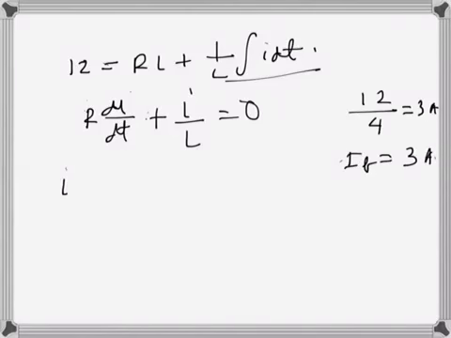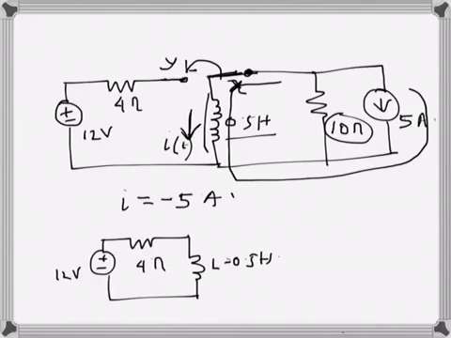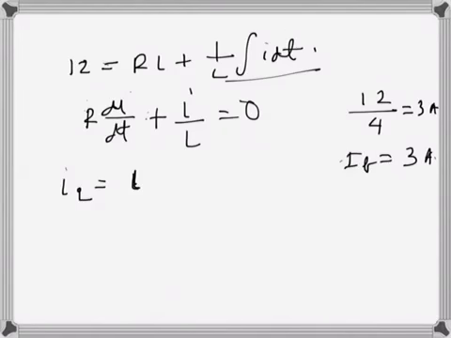So the inductor current equation will consist of two parts. One is the transient current, and this is IL, so let's call it IL. So this one is say I0, just as an expression, and IF.